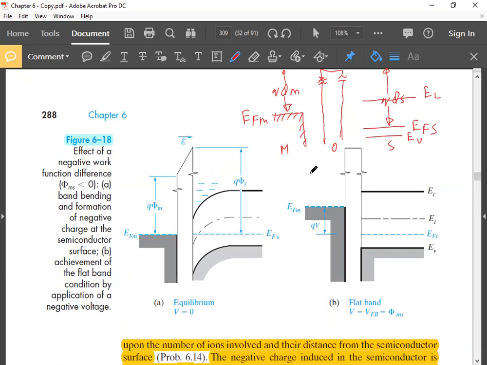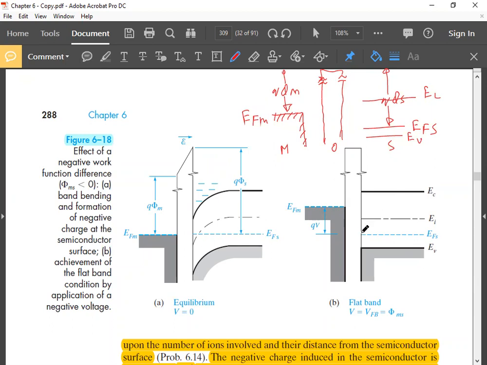Depletion: you apply positive voltage here, in addition to this, which is already there to make the bands flat. Now you apply an additional positive voltage here, negative voltage here. So what will happen? Go down, go up. So the gap between EI and EF will decrease.